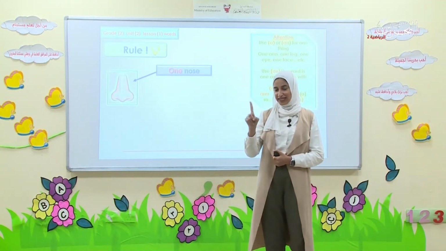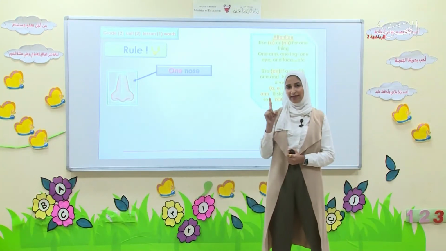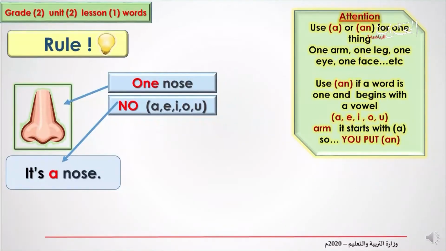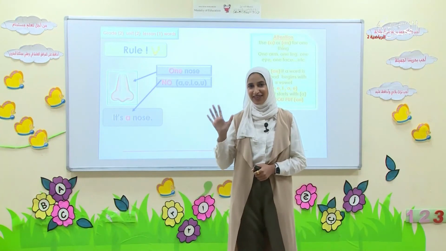Rule number 1. We use a or an to talk about one thing. For example, we have here only one nose. So you can say, it's a nose. Why did I use a? Because it's only one nose and because the first letter is not a vowel. In English, we have 5 vowels.